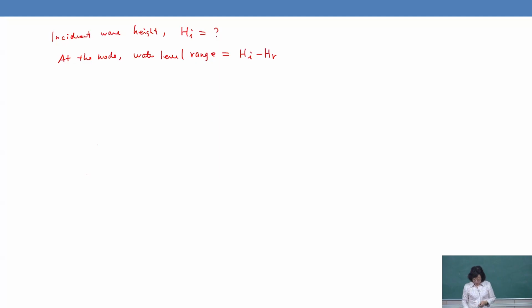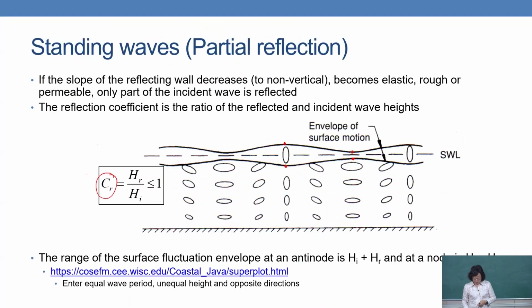That's the water level range at a node. So at the node, we have HI minus HR. And at the antinode, this range will be HI plus HR. So that's two relationships we have.